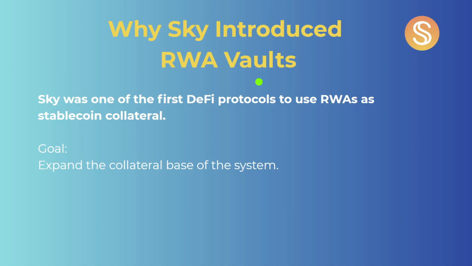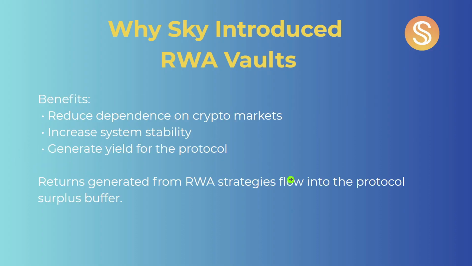Now we are bringing also other assets into the vaults like real world assets. So as we said, T-bills, real estate, and so on. Sky was one of the first DeFi protocols to use RWAs as stablecoin collateral. The goal is to expand the collateral base of the system and make it more stable.